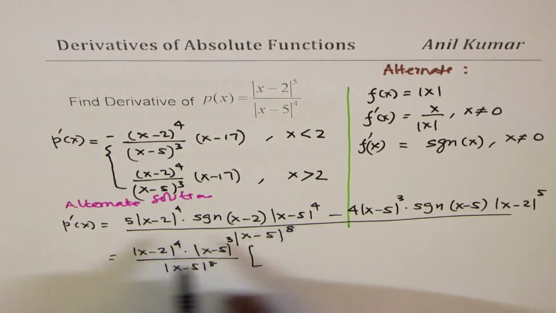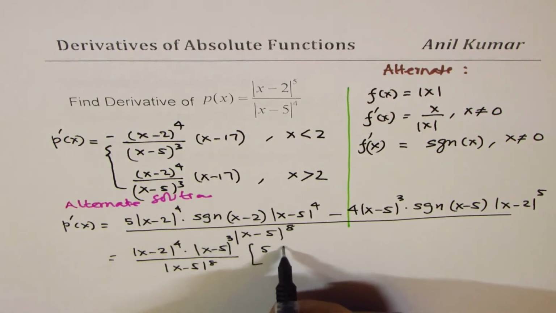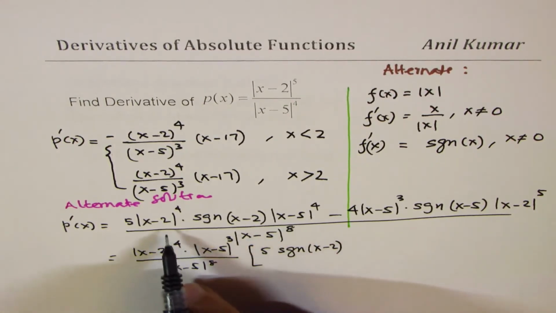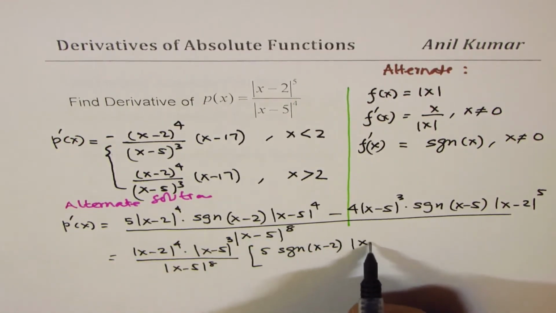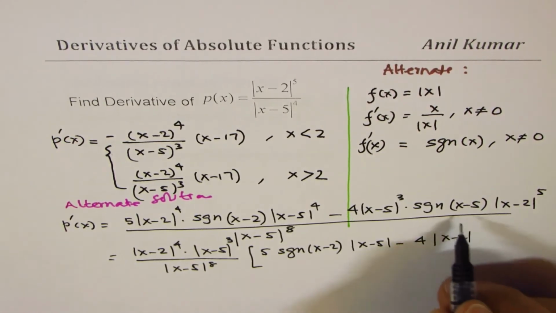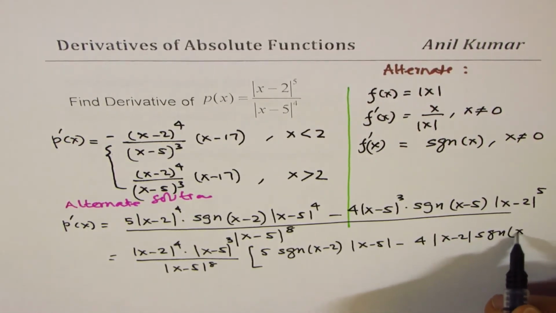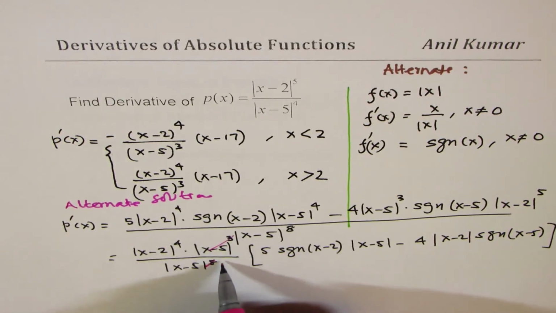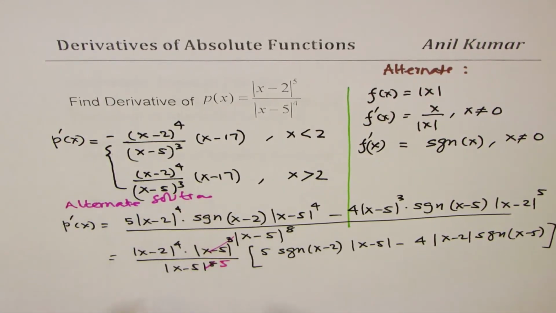And what you get inside is 5 times the signum function x minus 2 and the absolute value of x minus 5, minus 4 times the absolute value of x minus 2 times the signum function x minus 5. Correct? So you could write your solution in this fashion. Yes, of course, you could cancel this with 5 and get a similar solution. So that becomes an equivalent solution for the derivative of the given function.